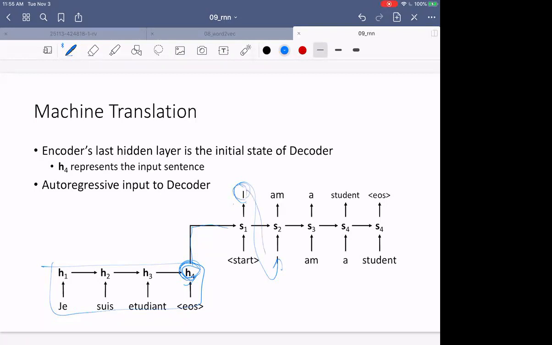So you put I here and then predict M. You put M here and then you predict A, and then A here and then student here, and then you finally predict the end of sentence, EOS. So that's the whole architecture of encoder decoder. It's not as complicated as you might have expected. It's this part that is a bit tricky. You just copy paste the final hidden layer of the encoder as the initial hidden layer of the decoder.